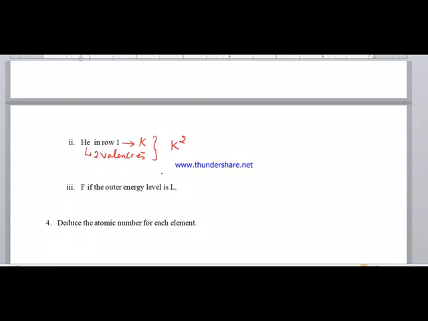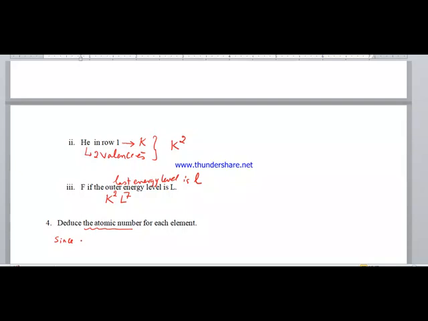So the electron configuration is K2. F has an outer energy level L, meaning there are K and L energy levels. K carries 2 electrons and fluorine has 7 valence electrons, so we have K2L7.